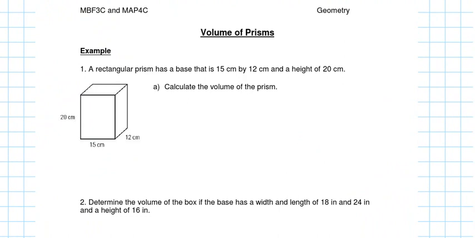So the volume of a prism is length times width times height. I have to make sure that all my measurements are in the same unit. In this case, I have centimeter in all of them. To calculate the volume of this prism, I'm going to simply write the formula first, and then 15 times 12 times 20.